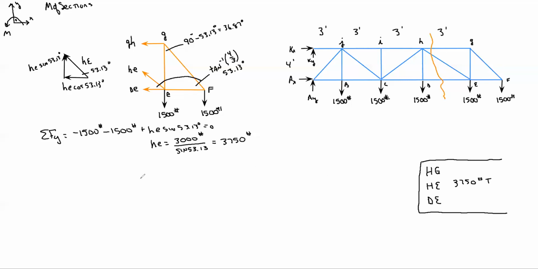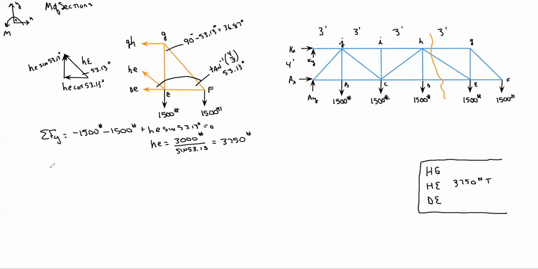If we were to look at the summation of the forces in the x direction, we'd have D and GH. That'd be too many unknowns. So we're going to have to pick at least one of them up by themselves.